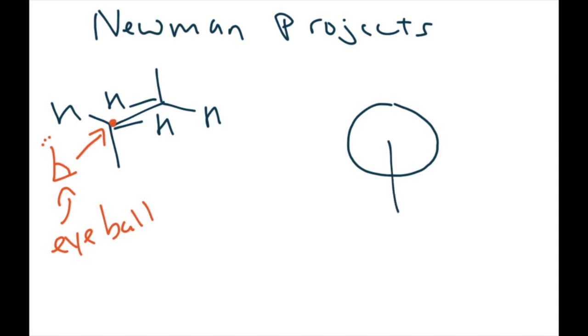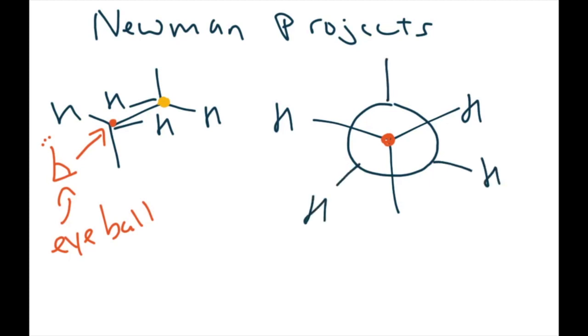That carbon has a methyl, a hydrogen, and a hydrogen on it, right? And that's this carbon right here. This carbon behind it, you can't actually see that carbon. You just see the things that are coming off of it. So you see a methyl, a hydrogen, and a hydrogen.